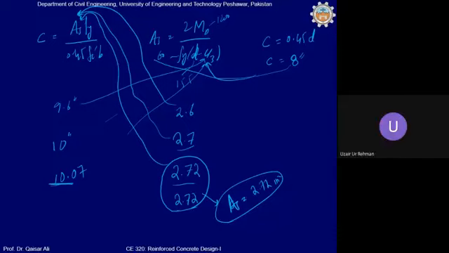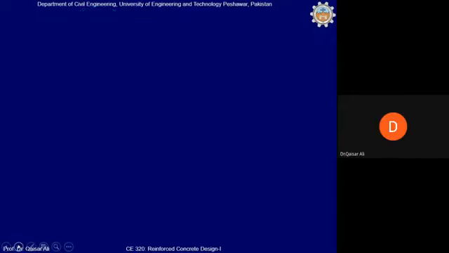Yes, sir. Now what you can do from this area, As is equal to 2.72 inch square, you can calculate the number of bars. How many number of bars should be provided in the beam? So for example, if we are using number 8 bar, so how to calculate the number of bars? कोई बता सकता है? Total area divided by area per bar. Total area, which is 2.72, divided by area of bar, which is 0.79.